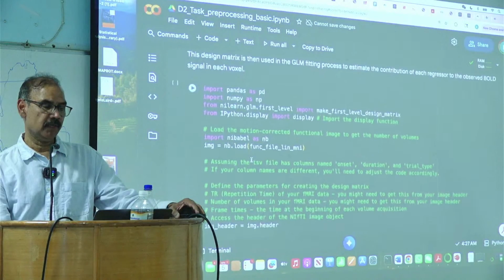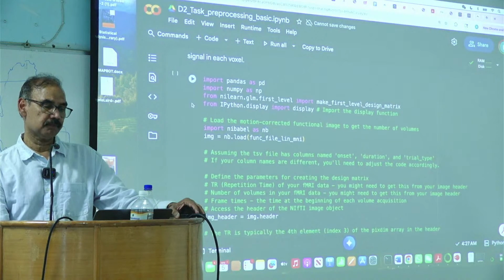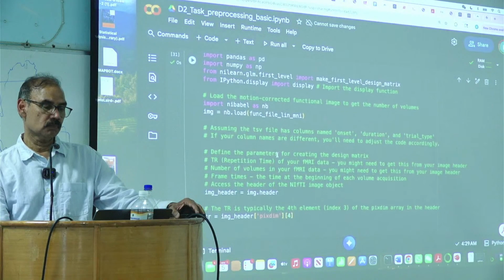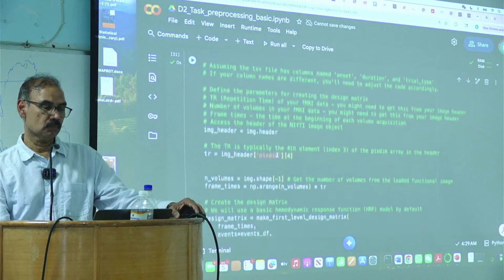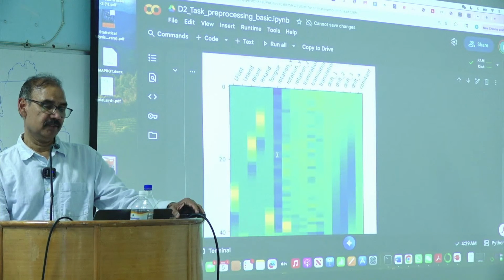So here we are generating this. This is the task design.